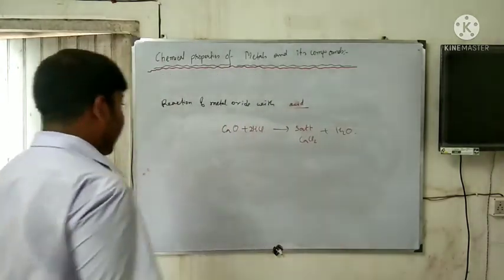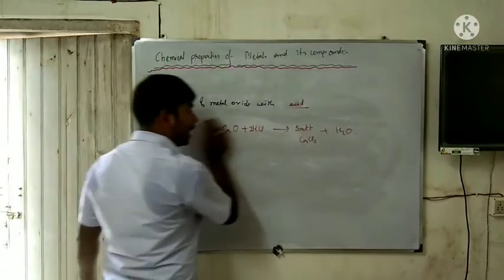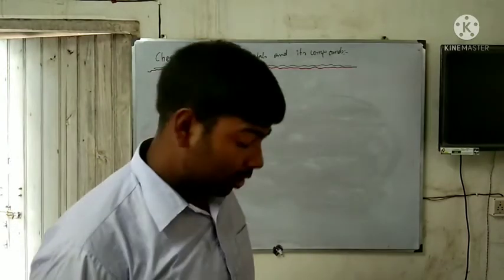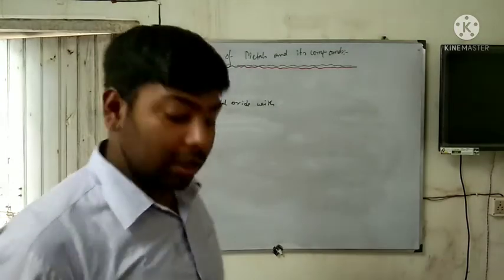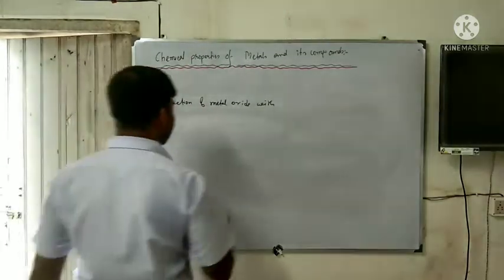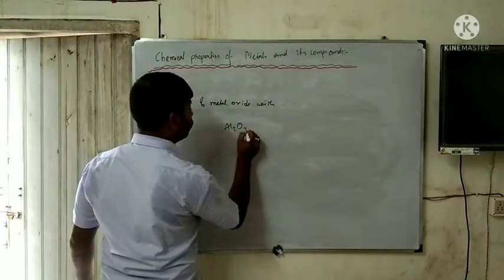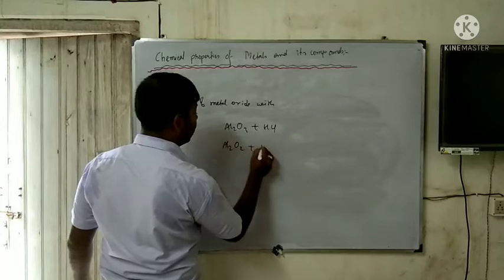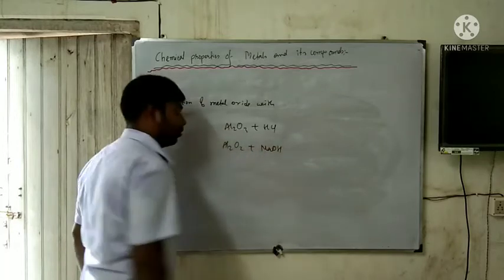So let's see one example of the amphoteric nature of metal oxide. First one is aluminum oxide. Al2O3 can react with HCl, and Al2O3 can react with sodium hydroxide also.